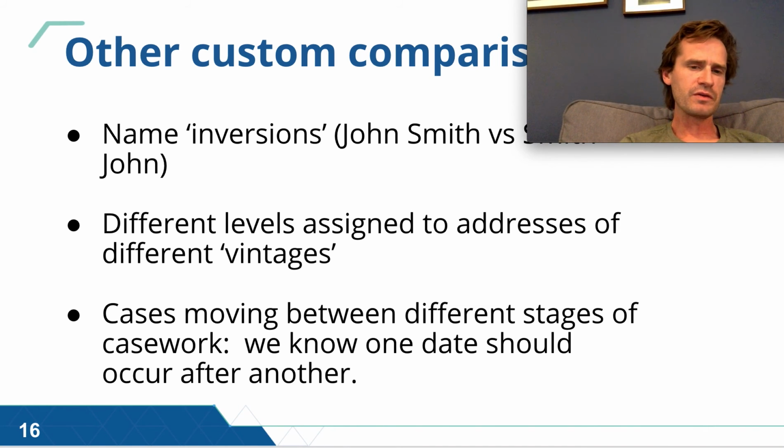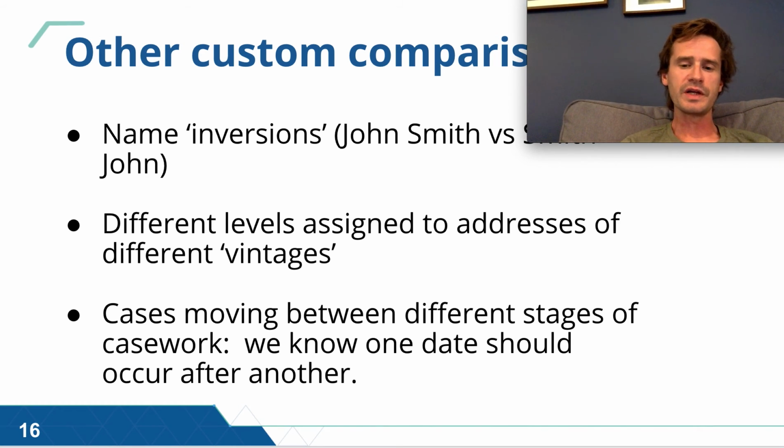And finally, we can even make these record comparisons asymmetrical. So we have one example where we're seeing cases moving between different stages of casework, and they're moving between different administrative systems. We know they always move from system 1 to system 2, and we're trying to match the cases.